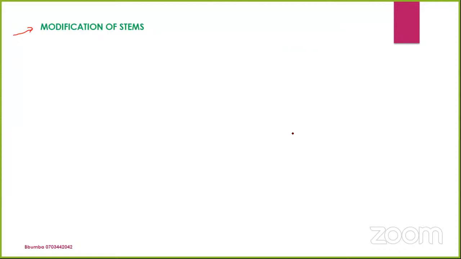Then Agaba was saying, what is a modification? Now, modification comes from the word modify. Modify can mean to make something different. You know, stems have their own general structure, how they must be.